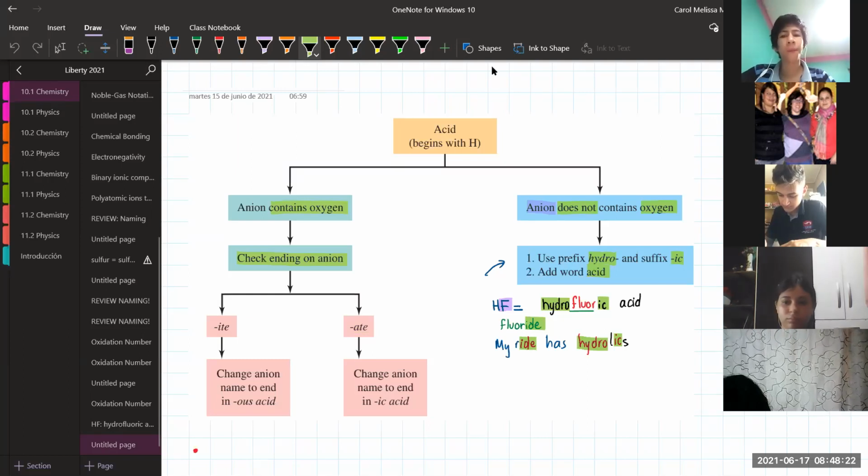I'm going to write two acids, okay, and we're going to name them.